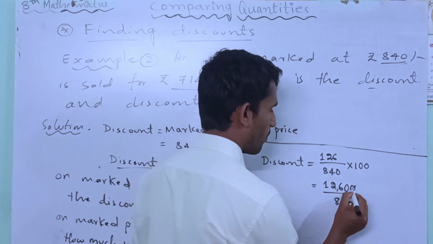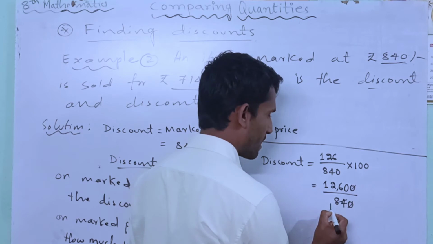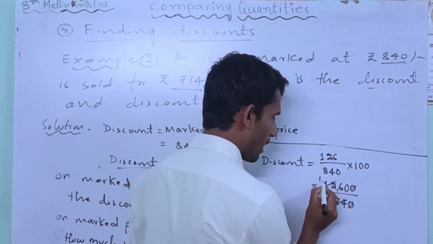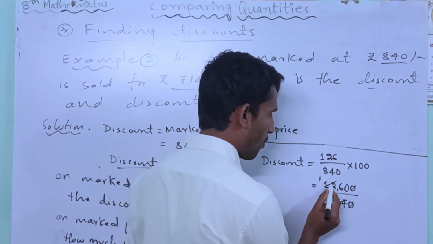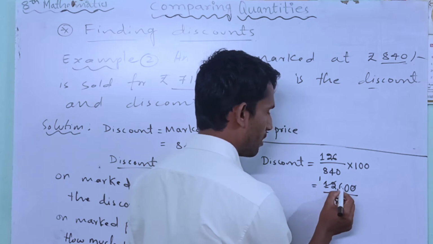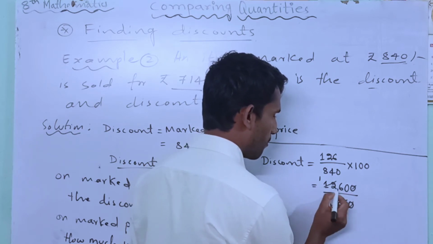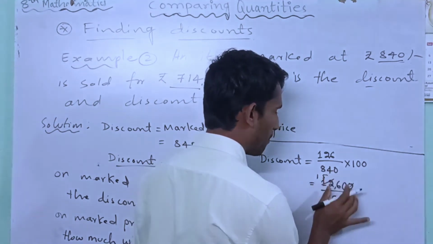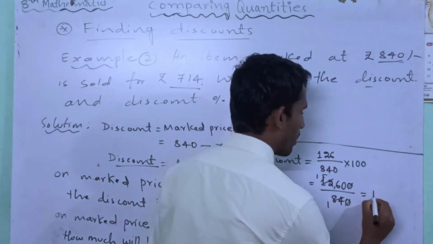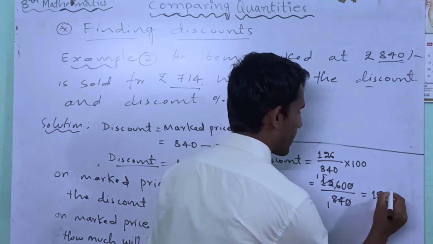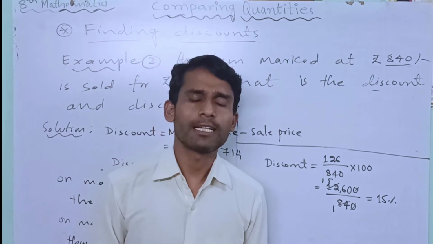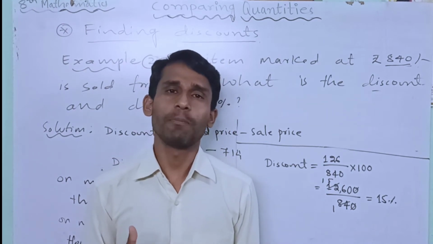Now the 0 will be cancelled. Here 84 ones are 84, remaining 42. When you multiply again 84 into 5, it is 420, completely cancelled. Here the discount is 15%. Okay, so next point I am taking here is estimation in percentages.